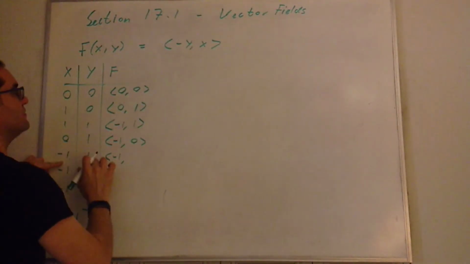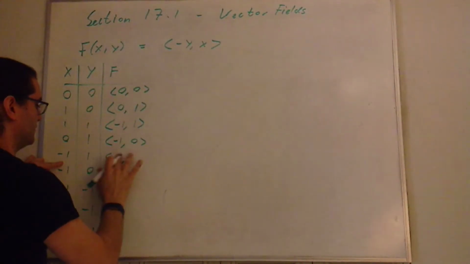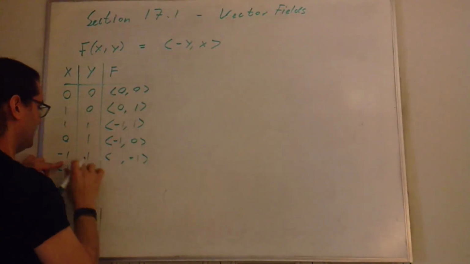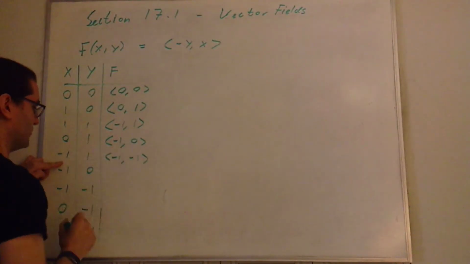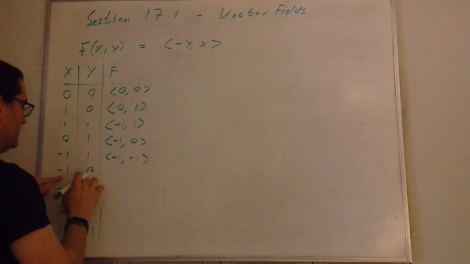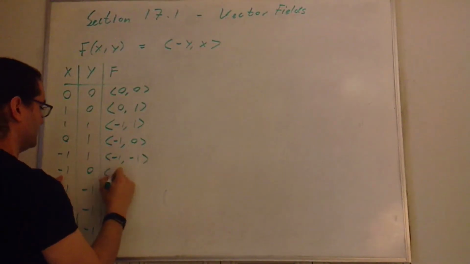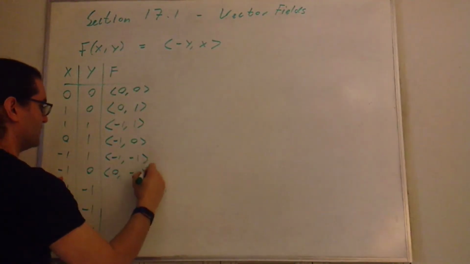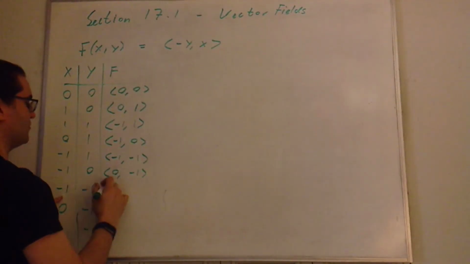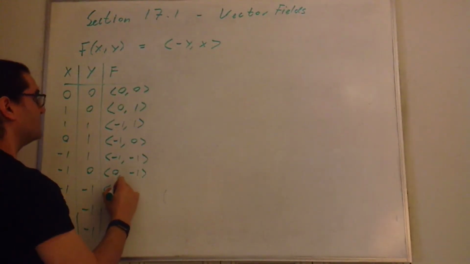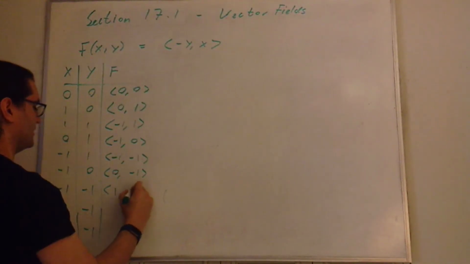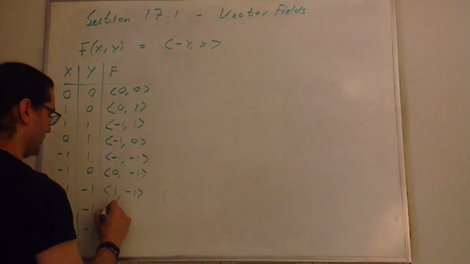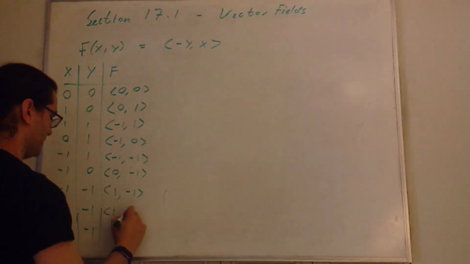Wait, what? Negative 1 is my x value, so that puts a negative 1 here. 1 is my y value, so that will put a negative 1 there. Okay. Negative 1 comma 0. 0 is my y value. Negative 1 is my x value. Negative 1 should put a positive 1 here and a negative 1 there. 0 comma negative 1 should put a positive 1 and then a 0.